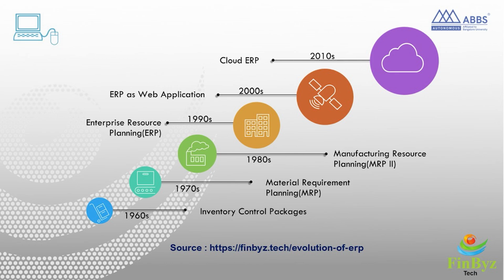Now let us look into how ERP evolved since the 1960s. If you look at the graph here, since the 1960s ERP has been growing, and today we have reached a stage where we talk about cloud technologies.